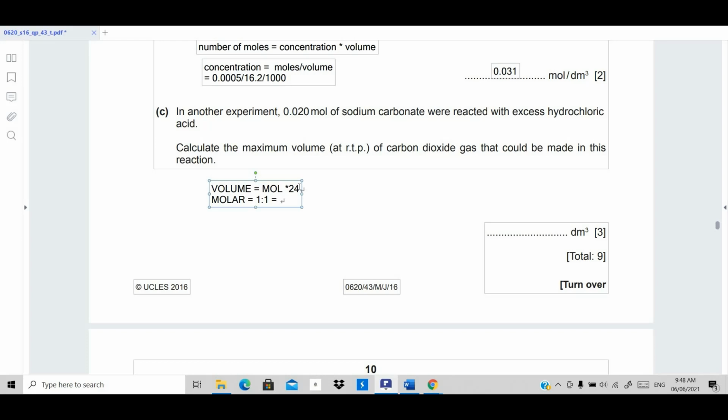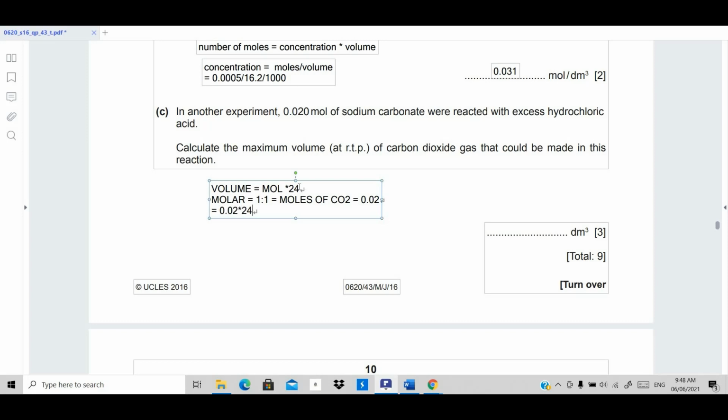So the answer for the moles of carbon dioxide will be 0.02. Now that we have the moles, we can input into the equation: volume equals moles, 0.02, times 24.